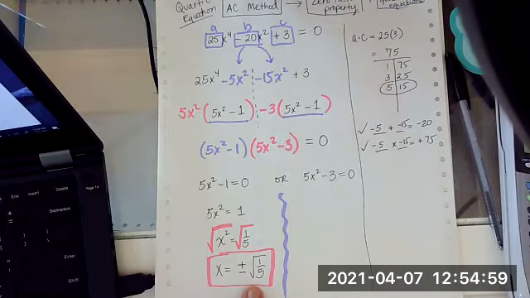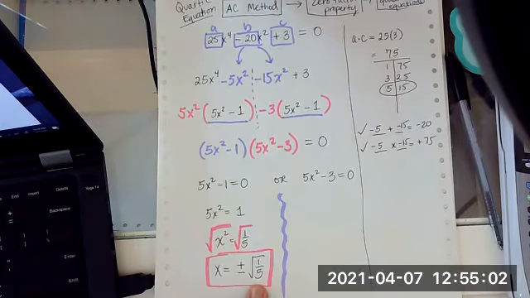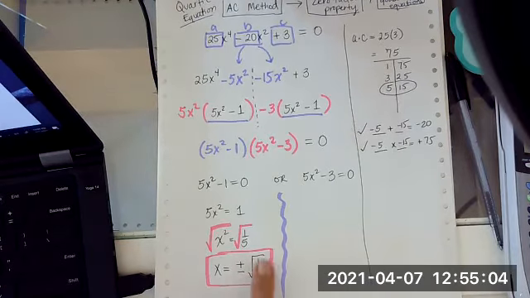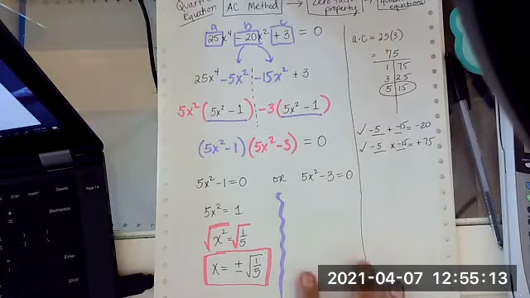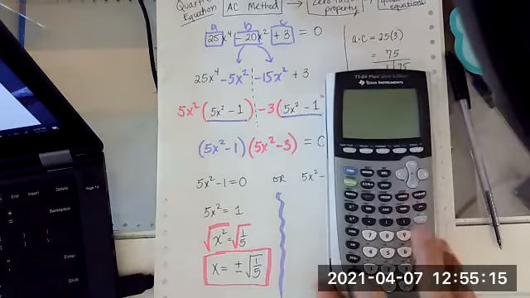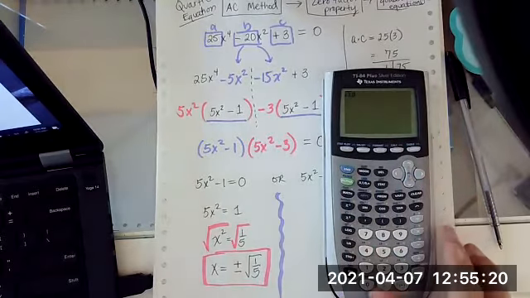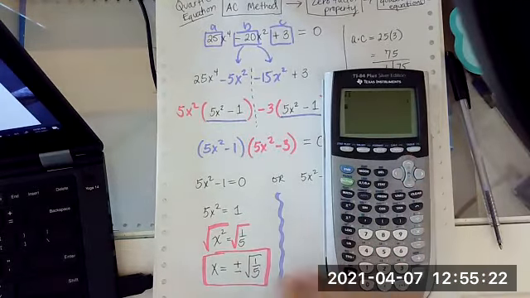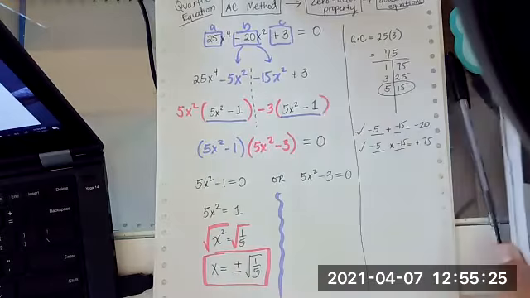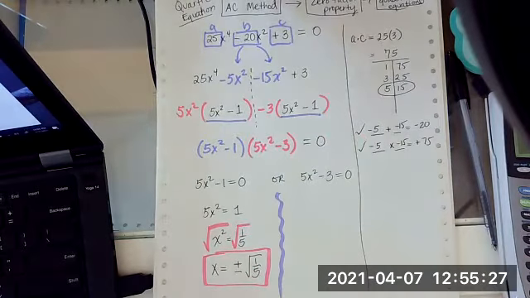So I'll tell you this, I'm going to leave the answer looking something like this, where if it's a fraction and the fraction can't be simplified further, I'm going to leave it as the square root of 1 over 5. You could, in theory, put this as the square root of 1 over the square root of 5, and it would be 1 over the square root of 5, but I really don't want to complicate your life any further. So we'll just stop with the solution looking like that.